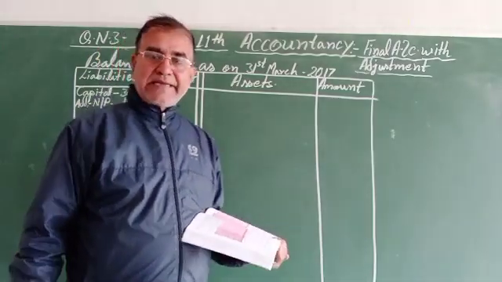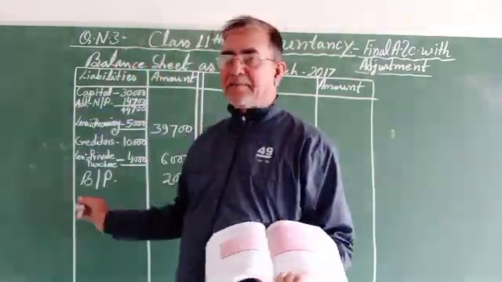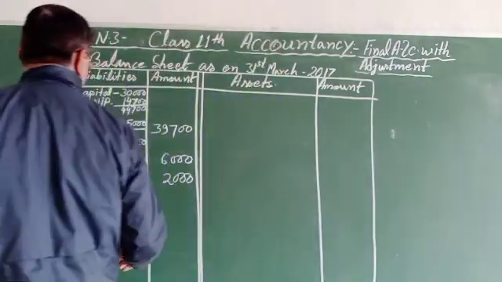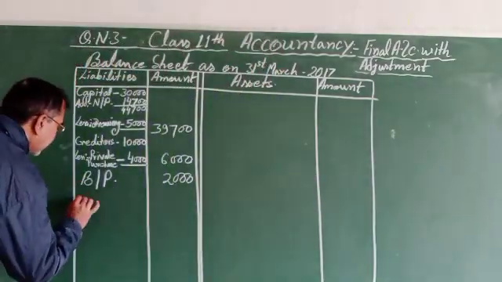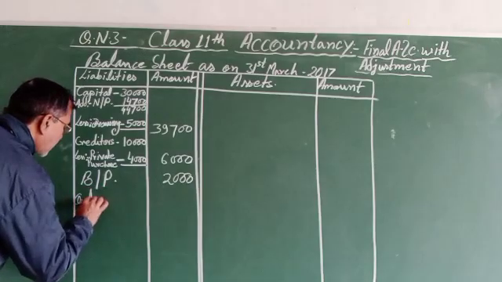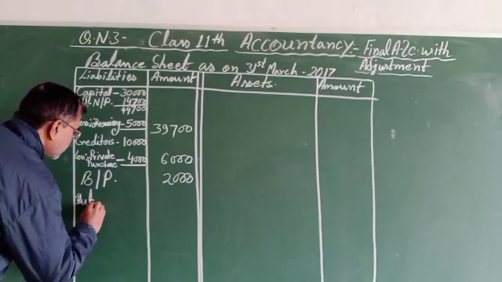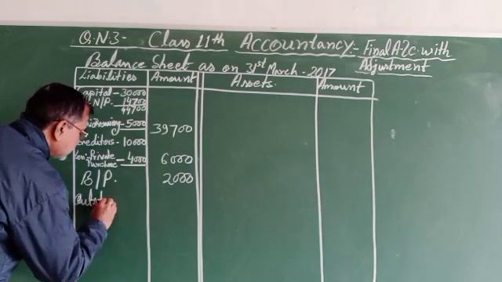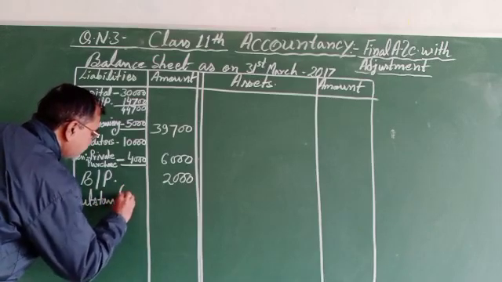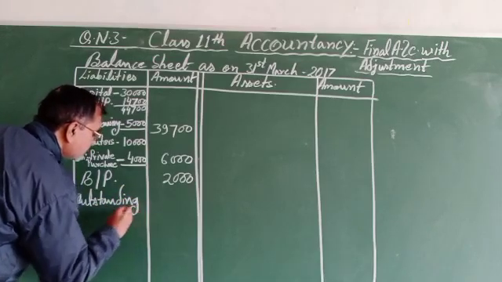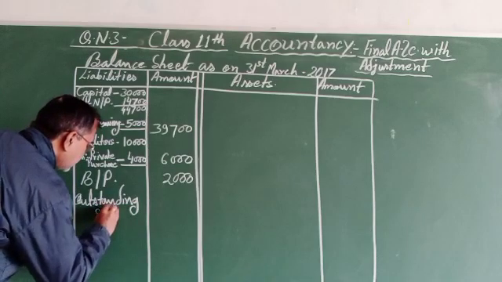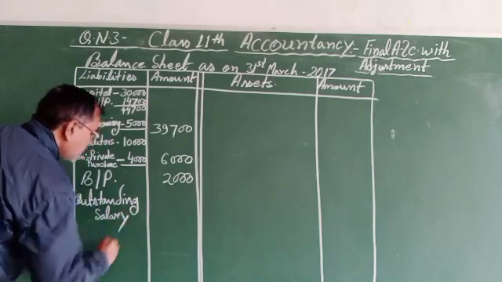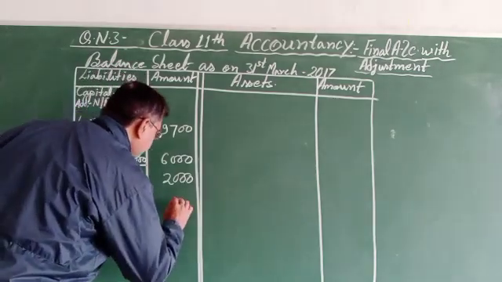That's why it is recorded as a liability of the enterprise: outstanding salary, 200.